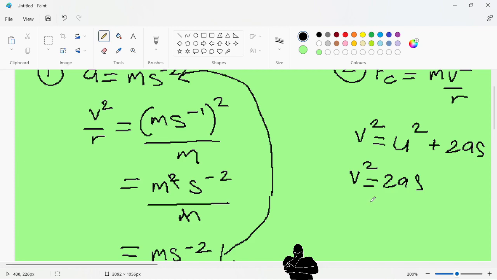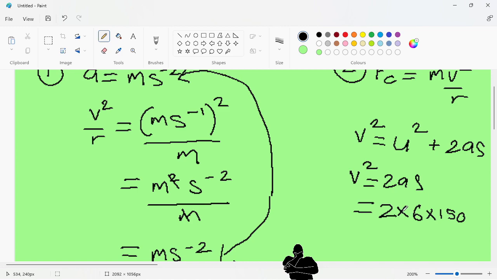Here we can just solve what v squared is. So v squared would be 2 times the acceleration that the question gave us, which was 6 meters per second squared, times the distance that the car accelerated for in the straight path, which would have been 150 meters.